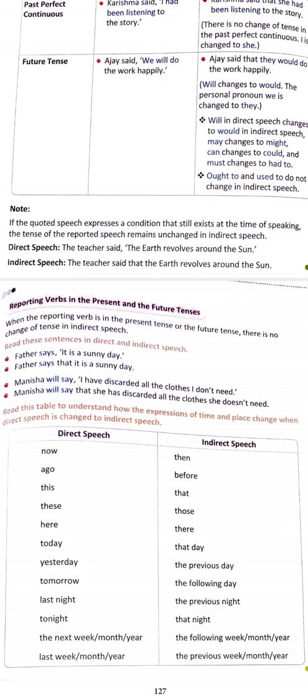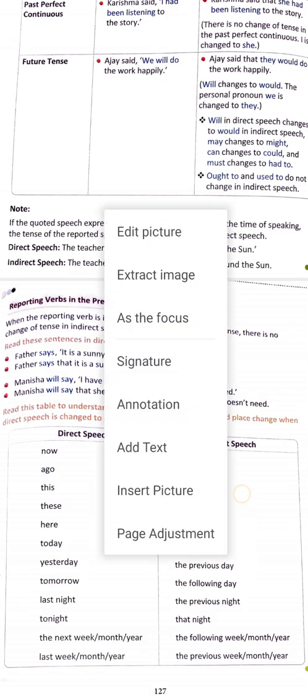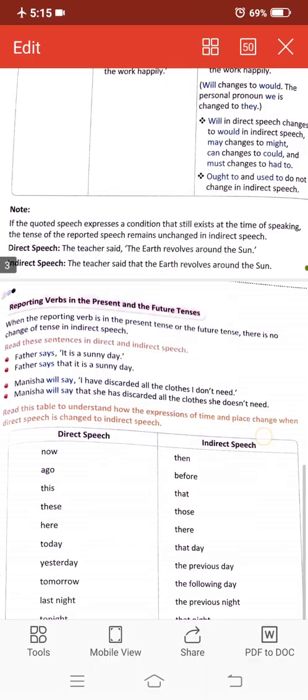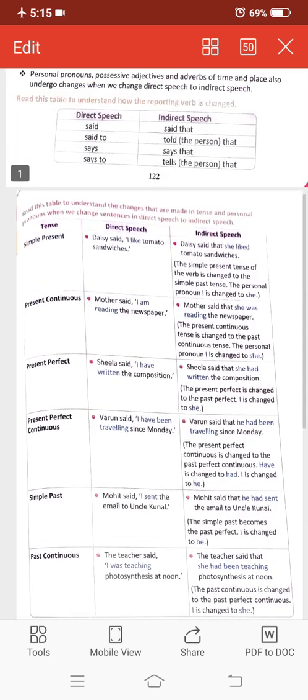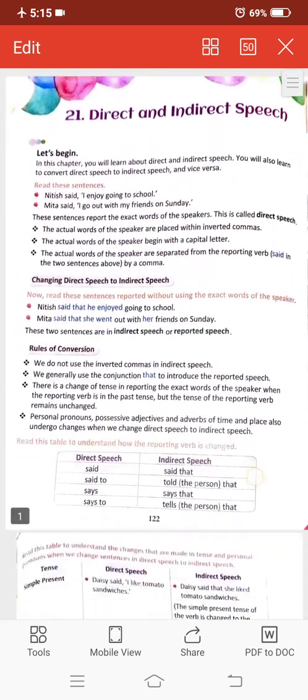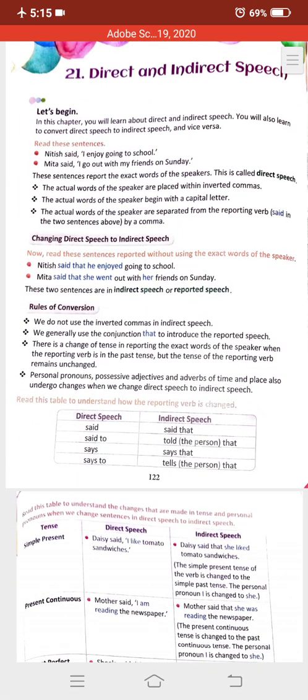So these are the changes when we go from direct speech to indirect speech. Students, you have to read this table very carefully so that you can learn about this narration. So students, that was the explanation of direct and indirect speech.